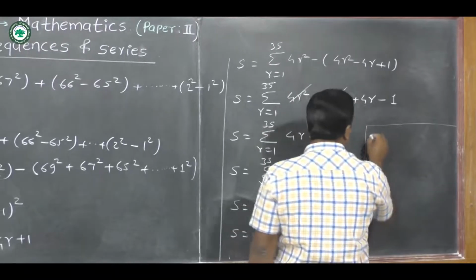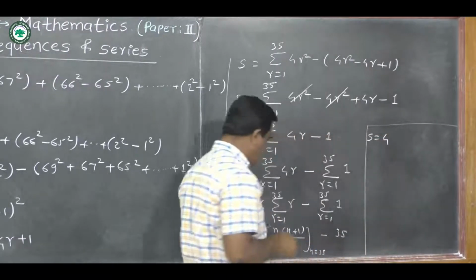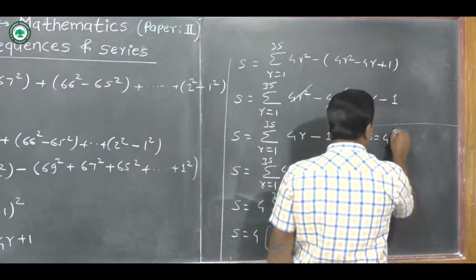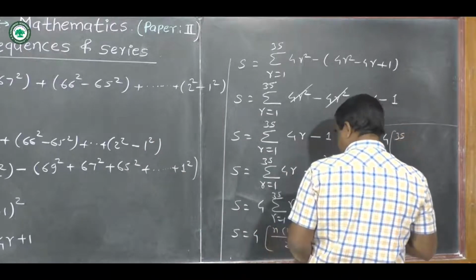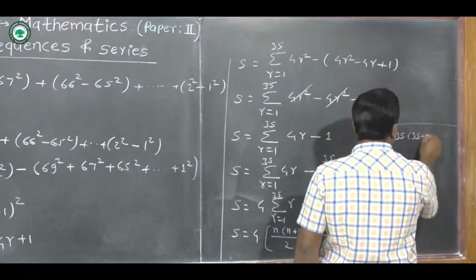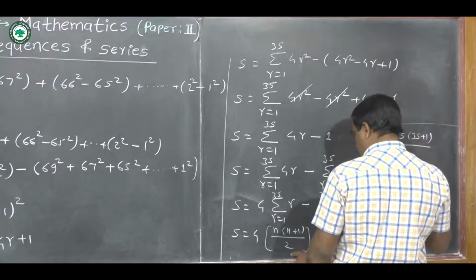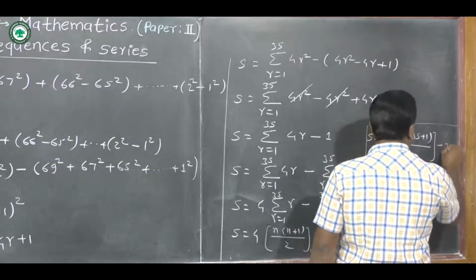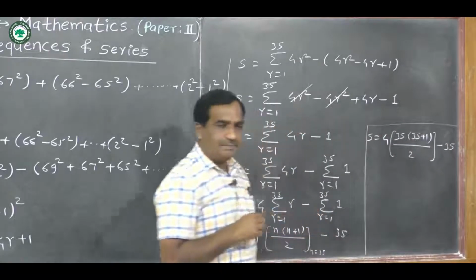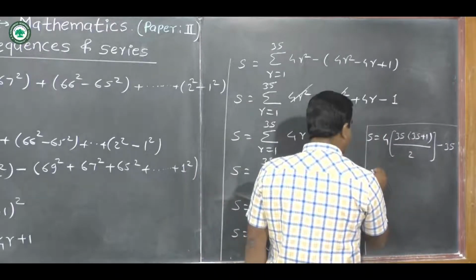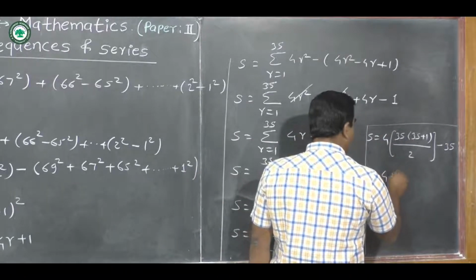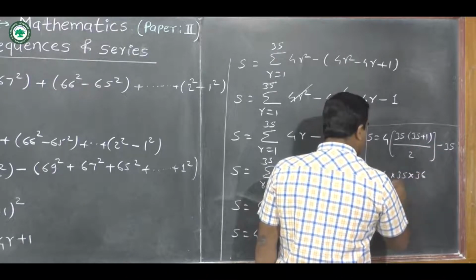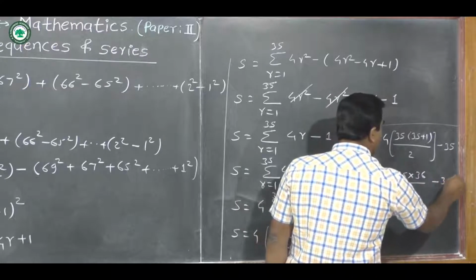That is, we can write here S equal to 4 into, we put here value of n is 35, 35 into, in bracket, 35 plus 1 upon 2 minus 35. Okay, now simplifying this, we can write S equal to 4 into 35 into this 35 plus 1 36 upon 2 minus 35.